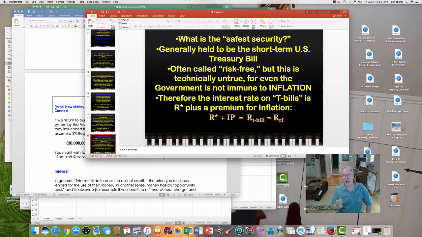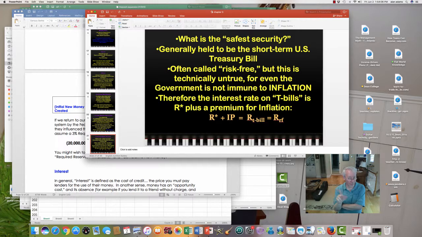Because even a U.S. T-bill has to have an element built into its interest rate to cover inflation. Remember, inflation exists no matter what. The real risk-free rate pretends we're in a perfect world where inflation does not exist. So the risk-free rate, as we define it here, and this is going to be the basis of many things we do in this course, is going to be R star plus a premium for inflation risk.